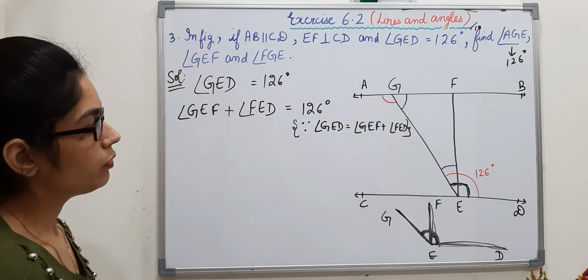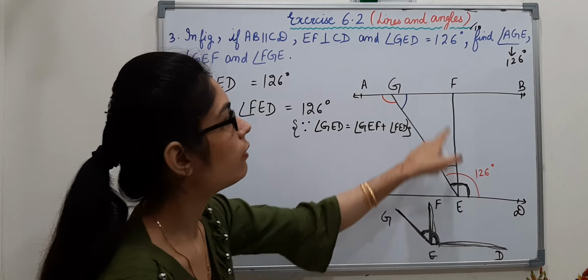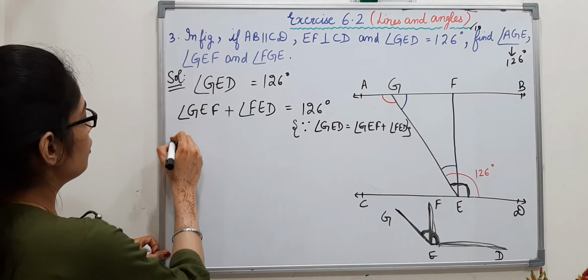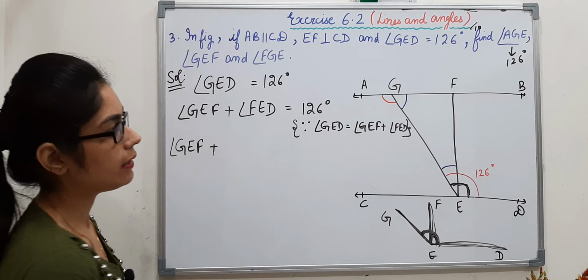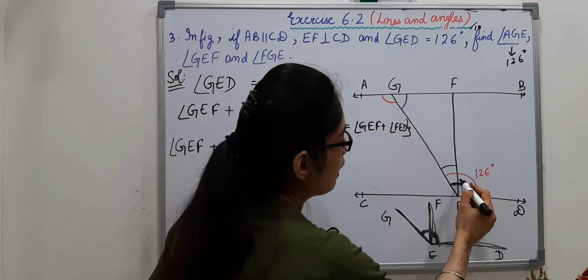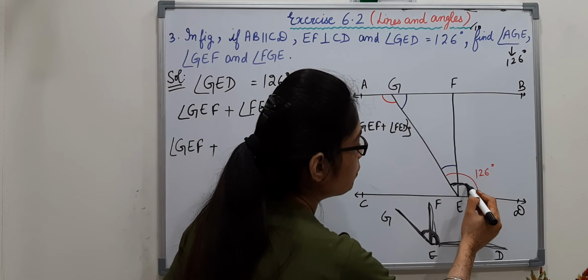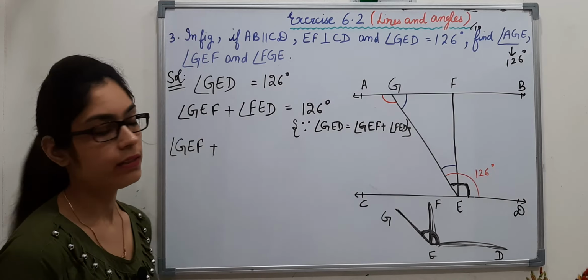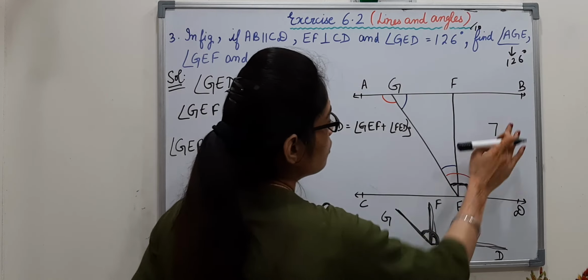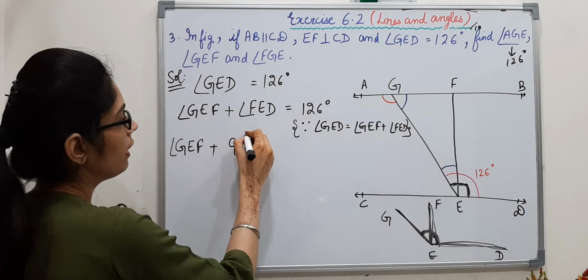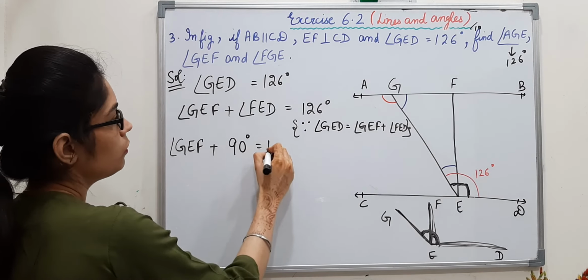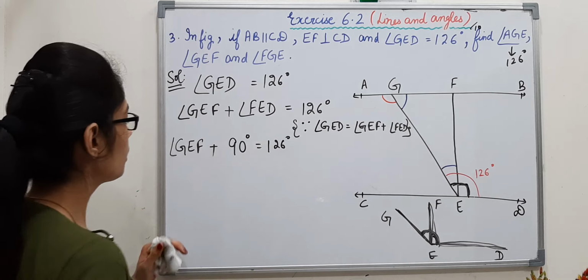Now we don't know the value of GEF, we have to find it. So we can write GEF as it is plus FED. FED is perpendicular, so it's 90 degrees. This is the sign of 90 degrees. So the value of FED is 90 degrees. We can substitute: GEF plus 90 is equal to 126 degrees.